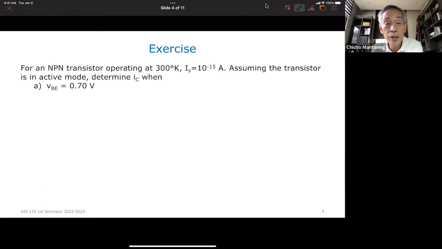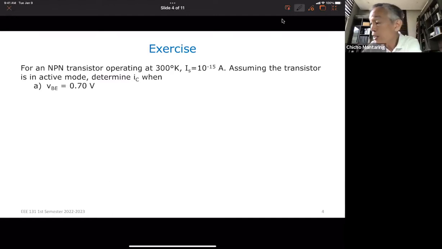I just want you to do this exercise so that you get used to keying in the equation in your calculators. It's a straightforward application of the formula. For an NPN transistor operating at 300 degrees Kelvin, you have your scale current equal to 10 to the minus 15 amperes. Assuming the transistor is in active mode, determine your collector current when your base to emitter voltage is 0.7.